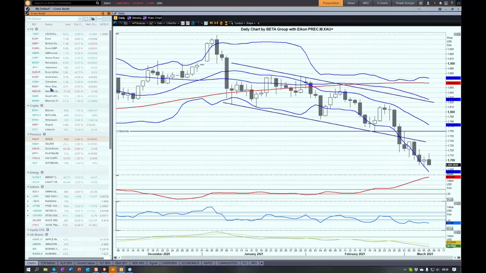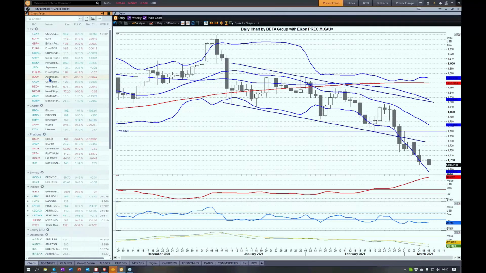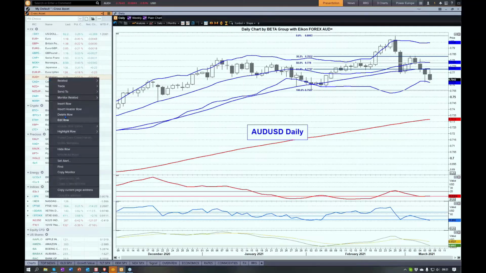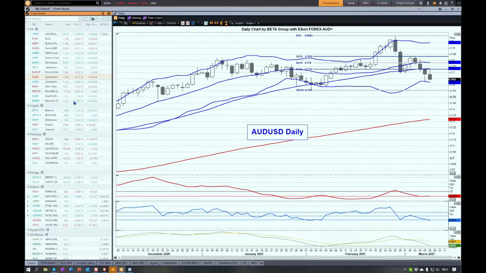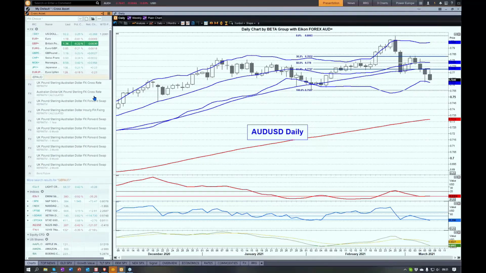Right, I need to put those charts up. So did you say Aussie, Canadian, or Aussie and Kiwi versus GBP? Okay, let me just make that chart. Is this not one you look at very often? No, I have a short list for you.